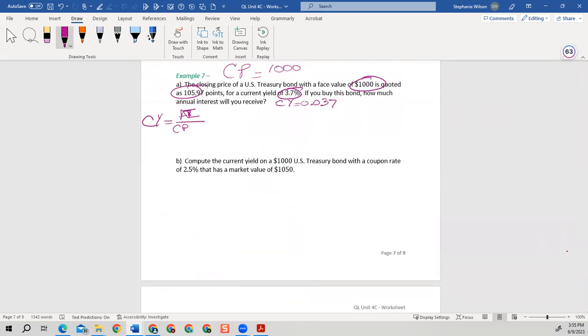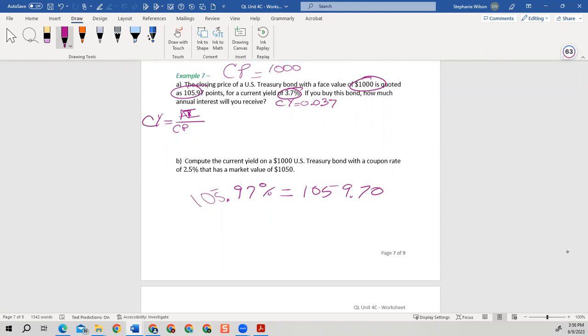So the points of 105.97 is a percent of the bond. It means it's selling at that percent of its face value. So if I take that 105.97 percent and multiply it to that 1,000, I'm going to end up with $1,059.70. So we are talking about money.